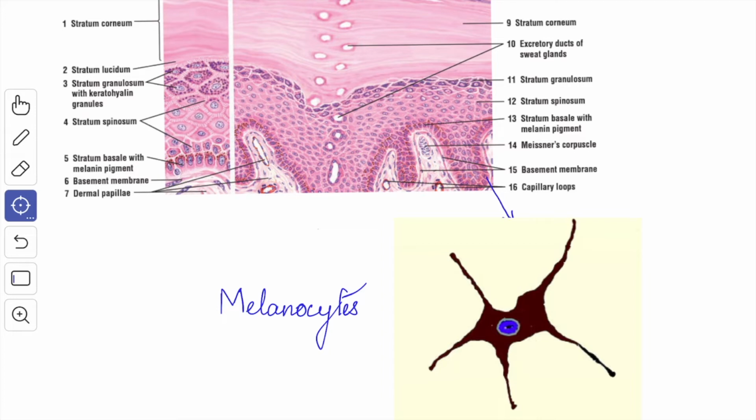Each melanocyte gives off many processes, each of which is applied to a cell of the germinative zone. The melanin granules formed in the melanocyte are transferred to the surrounding non-melanin producing cells through these processes. Because of the presence of processes, the melanocytes are also called dendritic cells.